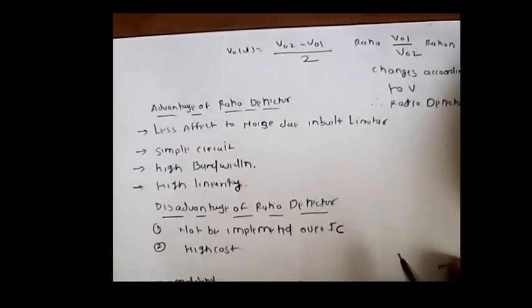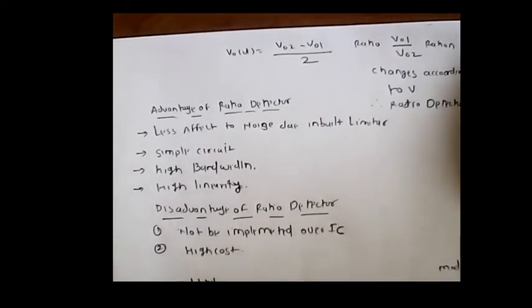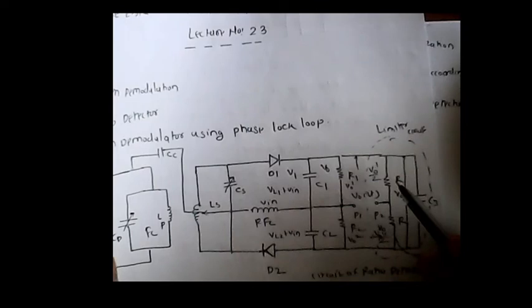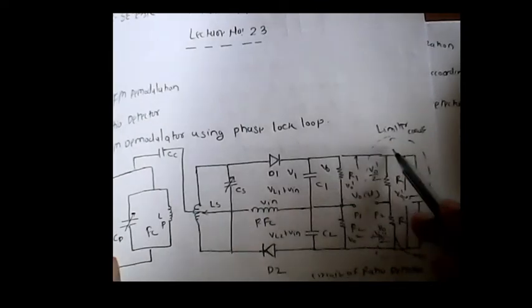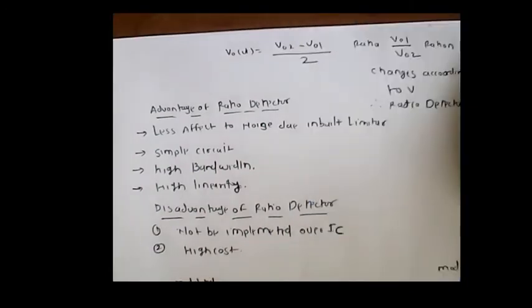First, less effect of noise, because whenever we implement this ratio detector, there is an inbuilt limiter circuit. The dotted line shows a series resistance and one parallel capacitor; this is the inbuilt limiter circuit in the ratio detector.